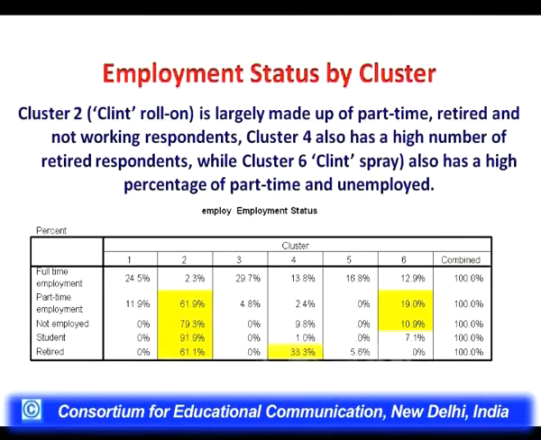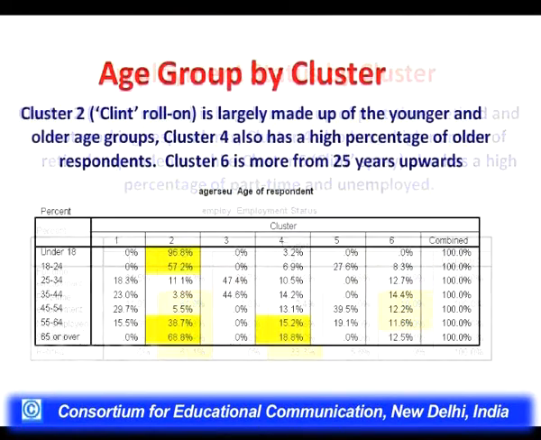This is shown by the result. Look at cluster 2, where I have got the results. Now, look at the percentages, and this group consists of part-time employment, not employed, students and retired people.